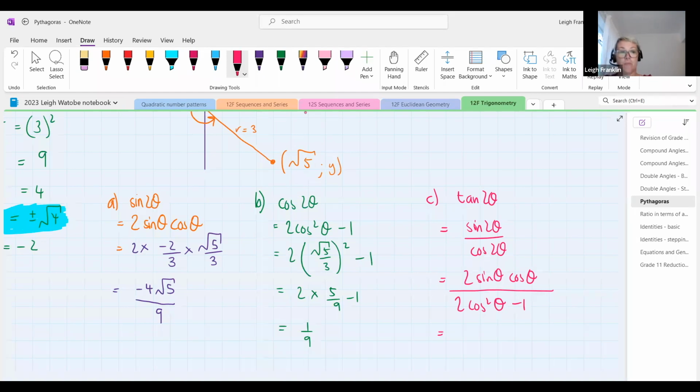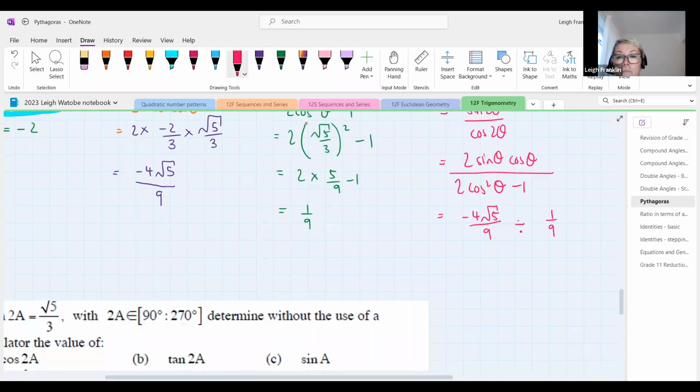Then it's negative 4 root 5 over 9 divided by 1 over 9. Then I swap the sign. So it's negative 4 root 5 divided by 9 multiplied by 9 over 1. My answer is negative 4 root 5. It certainly is, Mikhail. That is brilliant.